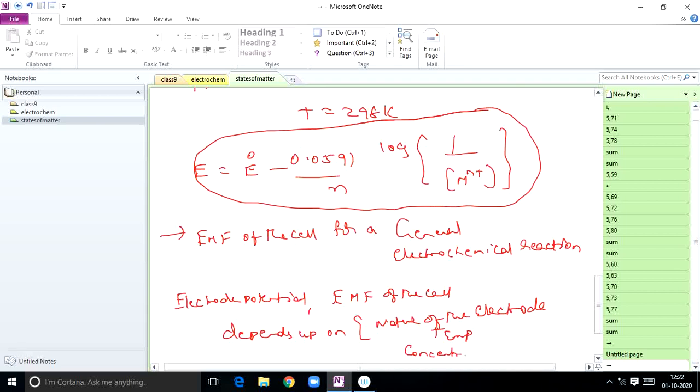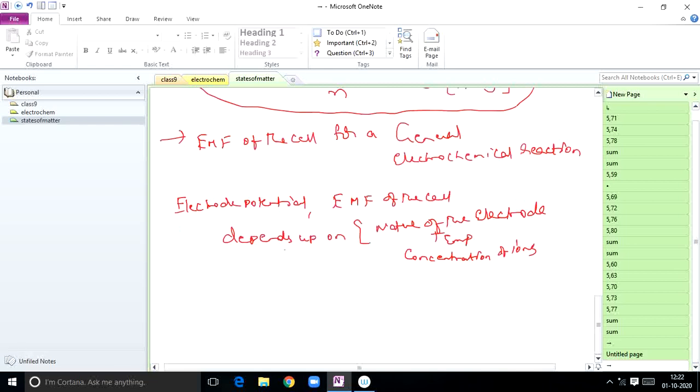Concentration means activities. These two parameters mainly depend upon the nature of the electrode, temperature, and concentration of ions in the solution. So this is the key point, important for objective.